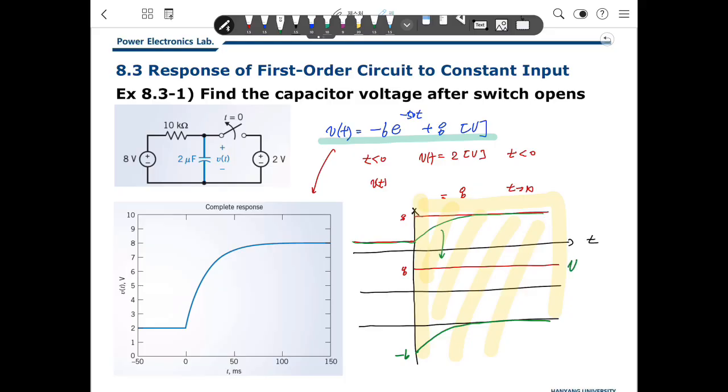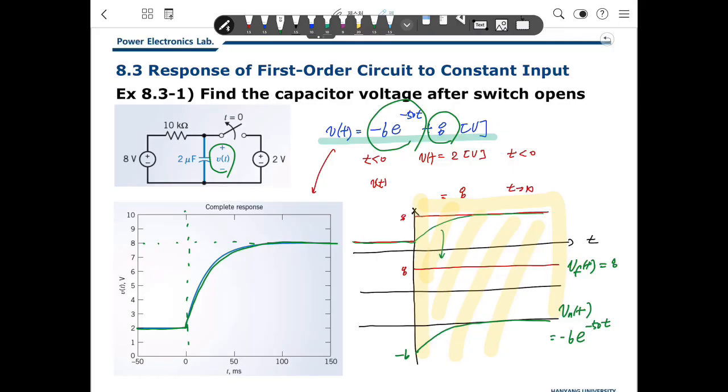So this is VFT and this is VNT. VNT is minus 6 exponential minus 50t and VF is 8. So this is a forced response and this is a transient response, the natural response. This is the complete response of this voltage of the capacitor.